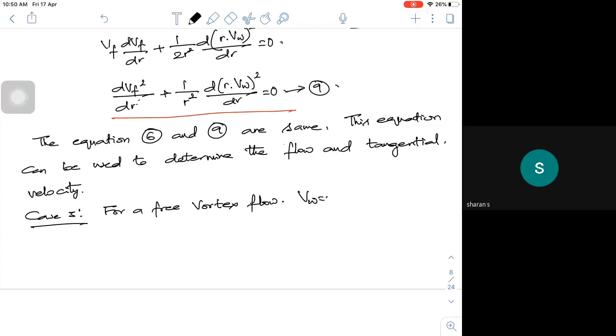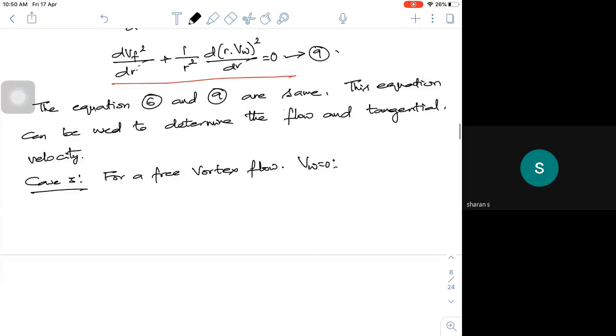Already we have seen my velocity in the VR direction is 0. So for this particular case, where VR is equal to VW is equal to 0, this equation I will end up with dVf square by dr is equal to 0.